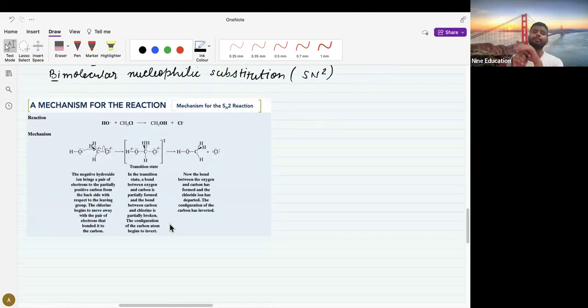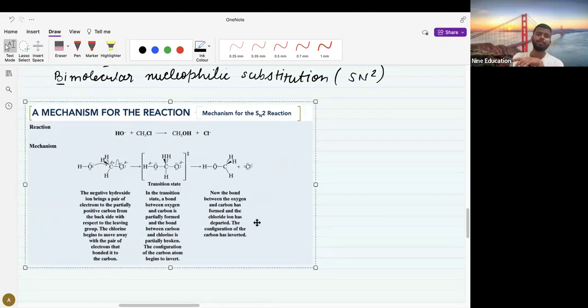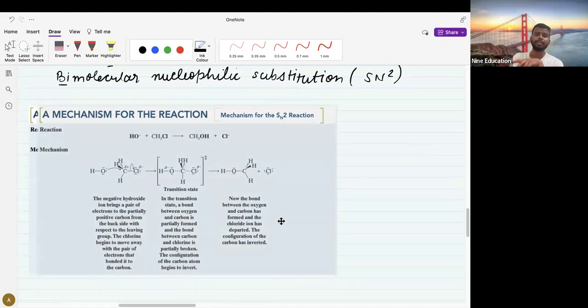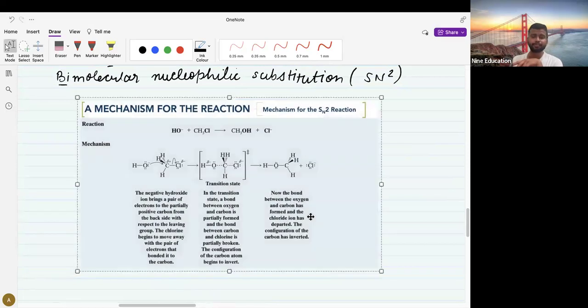चलें. So let's say we try the mechanism of the SN2 reaction. So what happens in this mechanism? In this reaction, let's say we have this. See, this OH minus will attack this carbon.